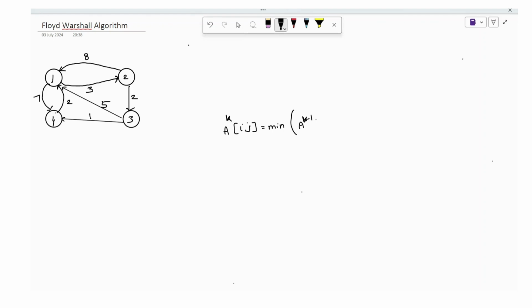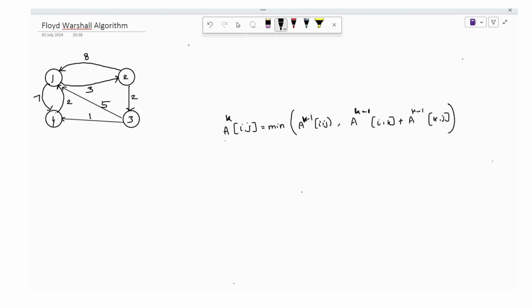A of k minus 1 of i comma j, comma A of k minus 1 of i comma k plus A of k minus 1 of k comma j. This is the formula we have used.